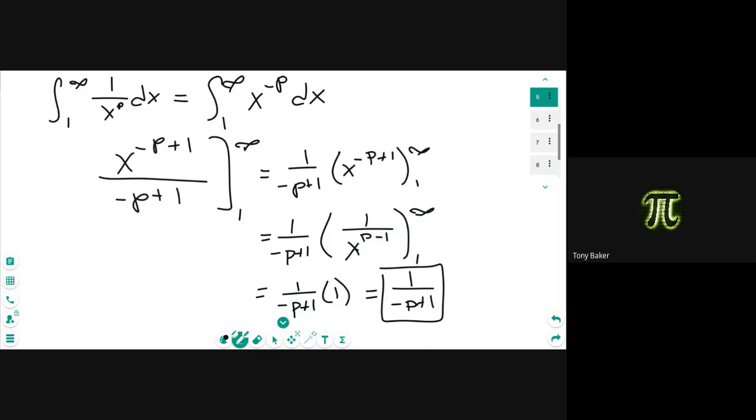Wouldn't it be the result of the upper limit minus the result of the lower limit? Oh yeah, right. That's negative. Yes, that's -1. So you're right, that does switch the values around.